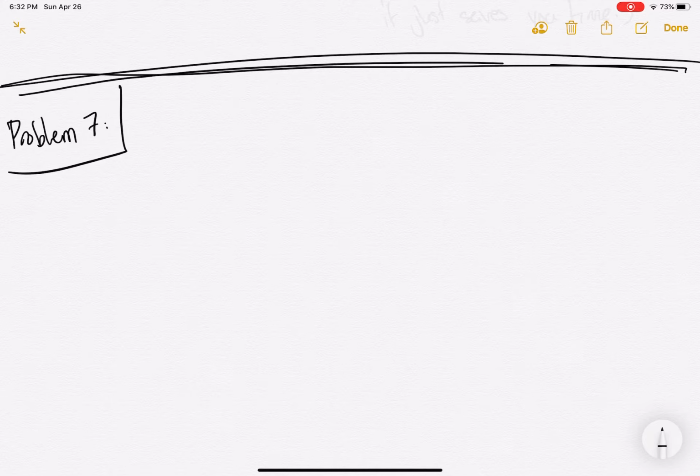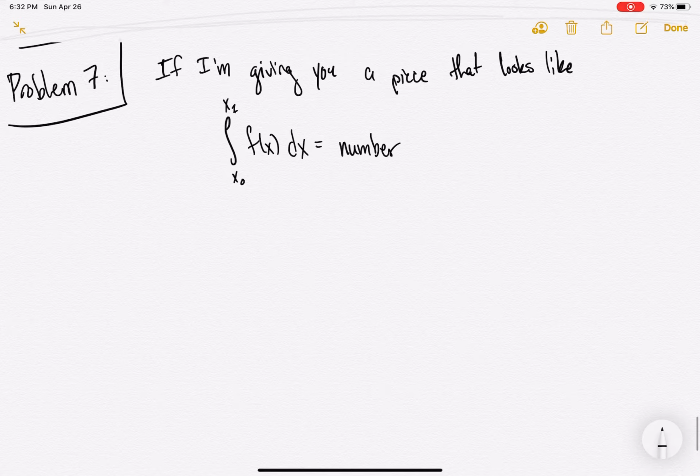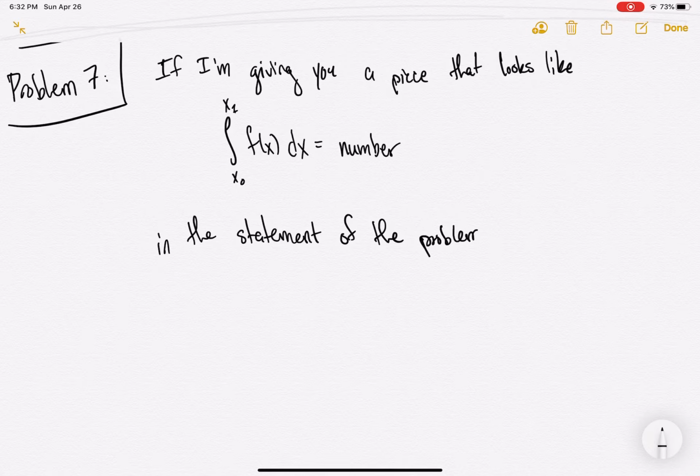I can't guarantee that it's going to be an integration by parts problem on the actual exam, but I'll say this: if I'm giving you a piece that looks like integral, some bounds here, I'll just call it x0 and x1, some function of x dx equals a number, so if I give you that in the statement of the problem, it's integration by parts.